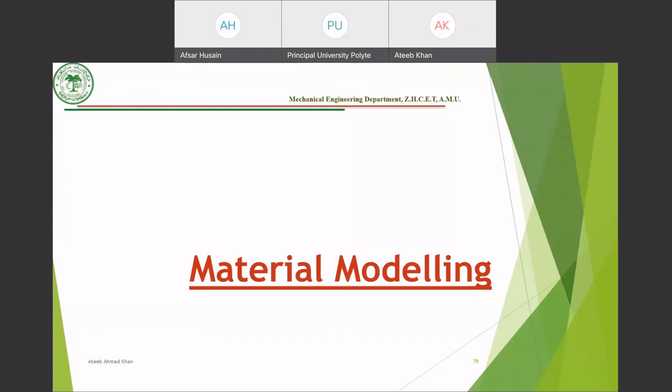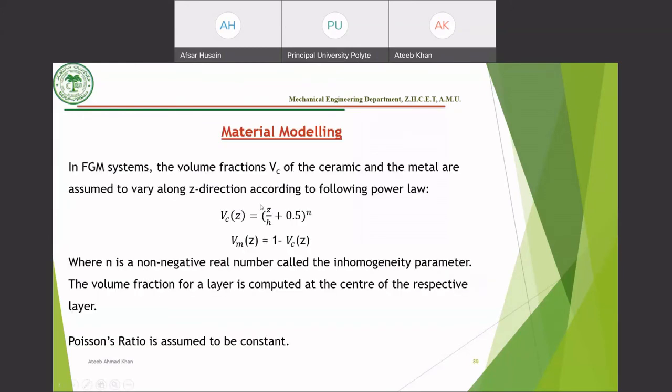Now, we will start with the material modeling of functionally graded materials. The idea in the material modeling is to first of all find out the volume fraction of material A and material B. By now you have understood that we are using two materials to form an FGM whose composition is changing along one dimension.